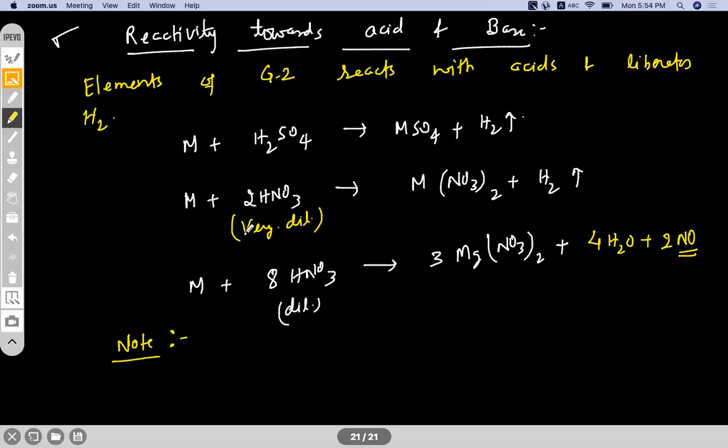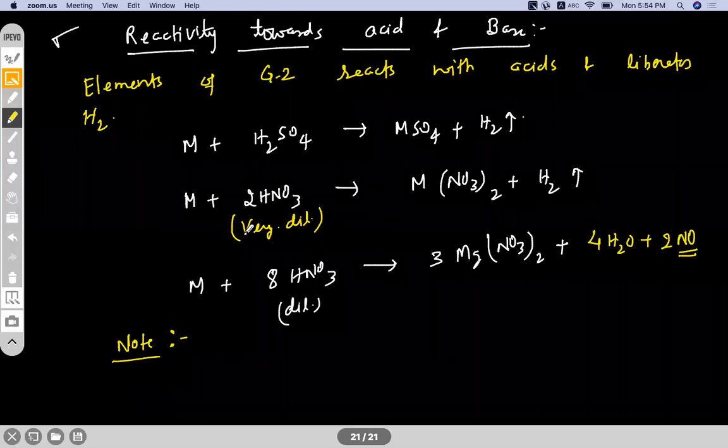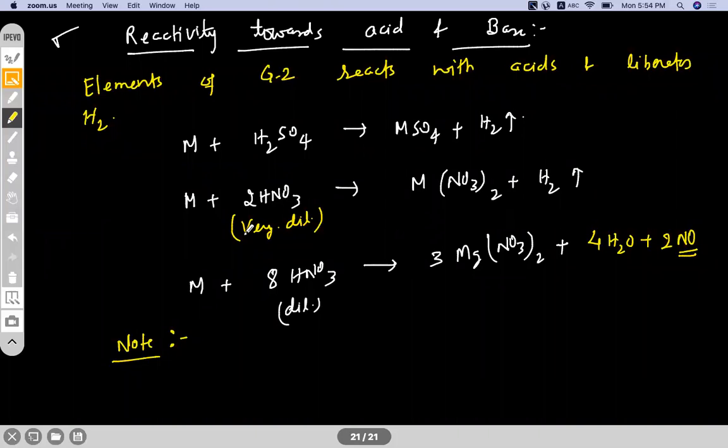Next point. Beryllium is amphoteric in nature. Amphoteric means what? Anybody?